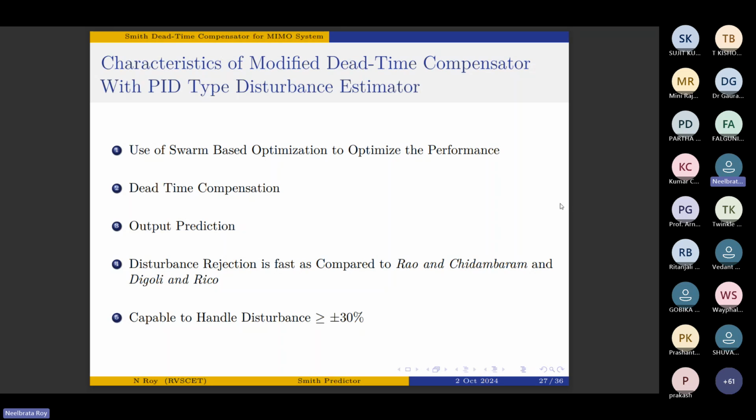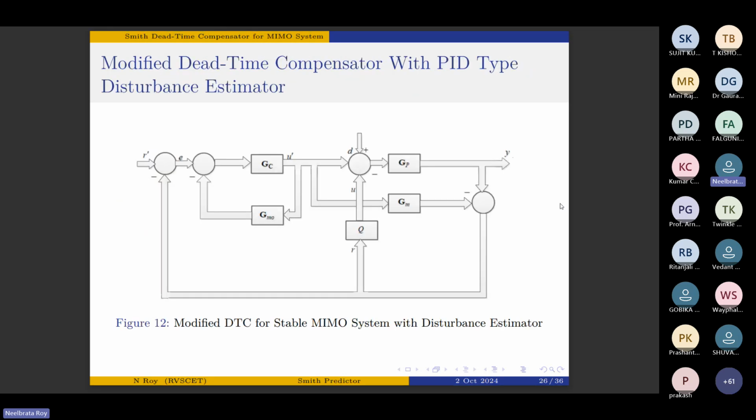Here also the two properties are satisfied, that is dead time compensation and output prediction. If we find the overall transfer function, dead time compensation gets satisfied, and the GMO part will give the output prediction.